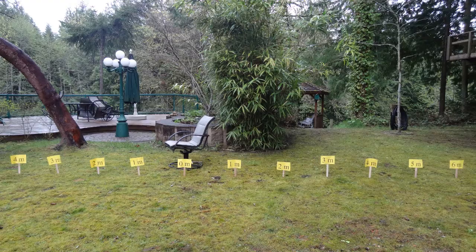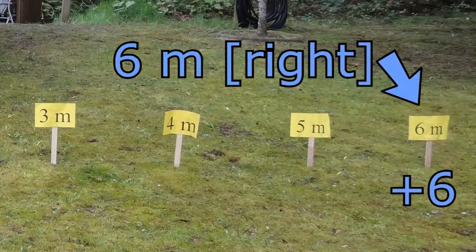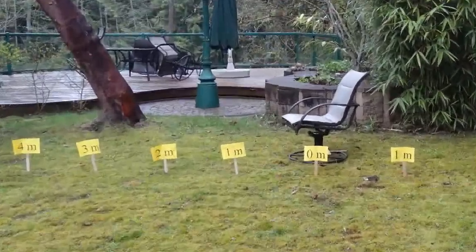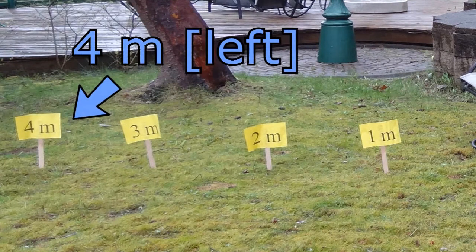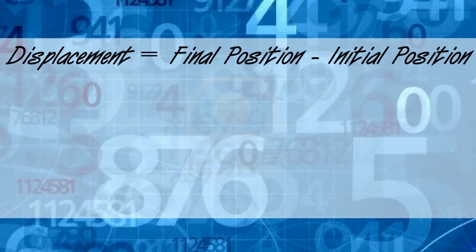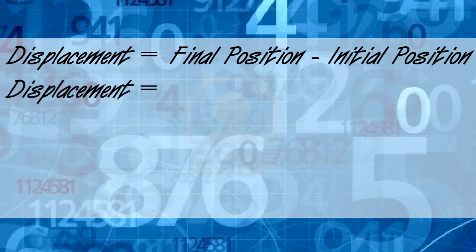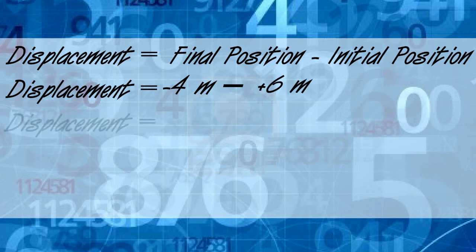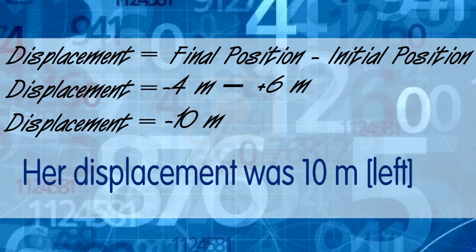Her initial position was 6 meters right of the chair, plus 6, and her final position was 4 meters left of it, which will make a negative, minus 4. Let's input what we know into the equation. Displacement equals final position minus initial position, so displacement equals negative 4 meters minus positive 6 meters, which makes a displacement of negative 10 meters. Since the negative sign means left, her displacement was 10 meters left.